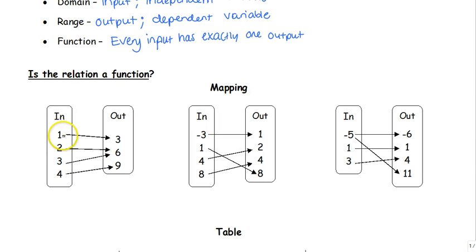So every single time I hit a 1, I should get a 3 because the button 1 corresponds to 3. Every single time I put in 1, a 3 should come out. Every single time I hit a 2, a 6 should come out. Every time I hit a 3, a 6 should come out. Every time I hit a 4, a 9 could come out.